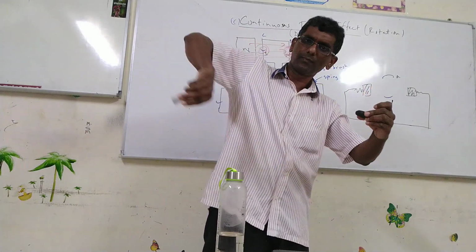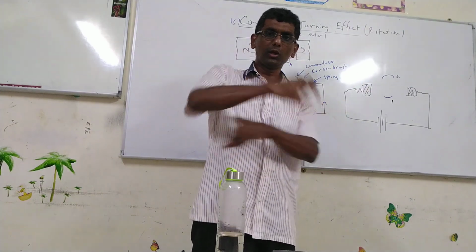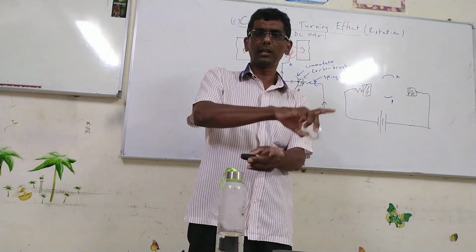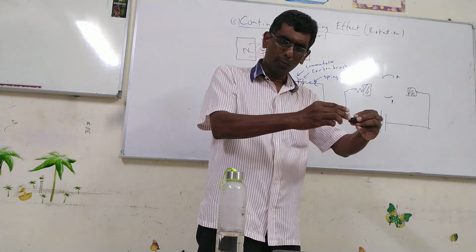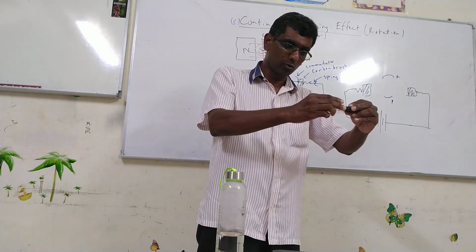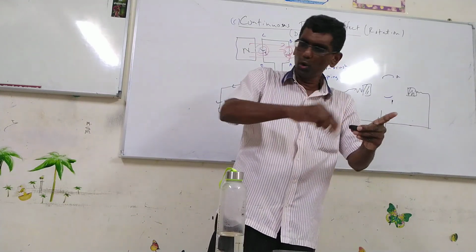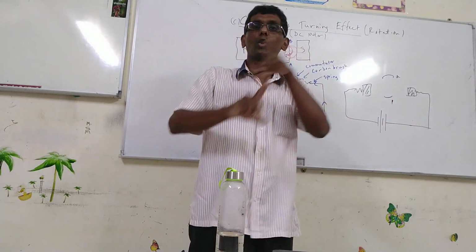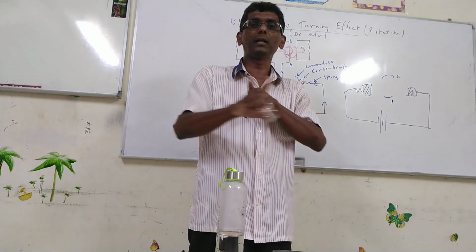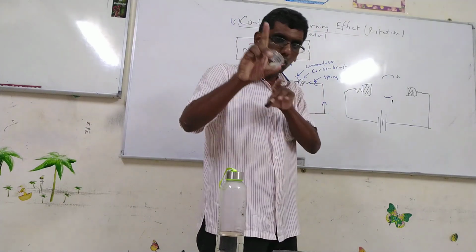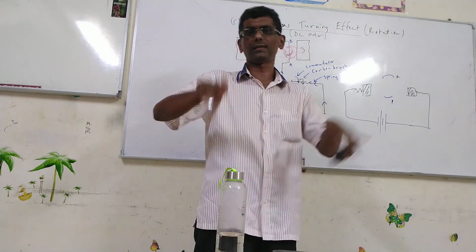P and Q exchange place: P and Q, Q and P. So the P goes to Q and the Q comes to P, and the Q goes to P and P comes to Q. The commutator rotates as per the rotation of the coil, so the commutator and coil are connected together.